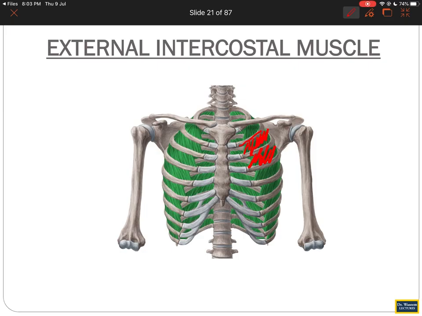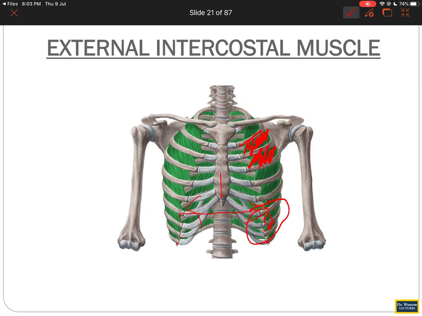Not only this, but when these muscles contract, you see the lower ribs will go laterally. So, even the lateral diameter will be increased because of the contraction of the external intercostal muscles of the lower ribs, and the upper ribs will lift the sternum as well as the ribs.